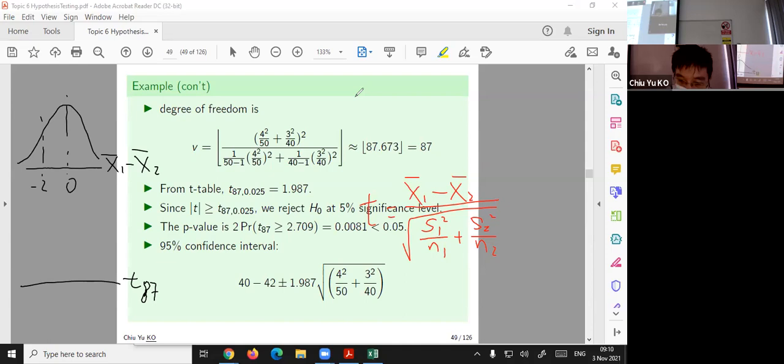There's an interesting part compared to the previous cases. The degree of freedom depends on what kind of sample information you get beside the sample size.